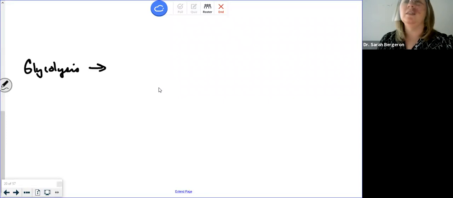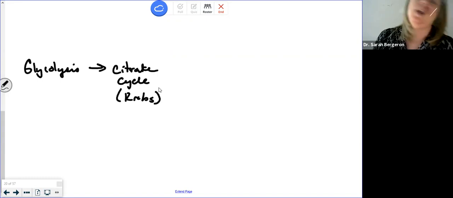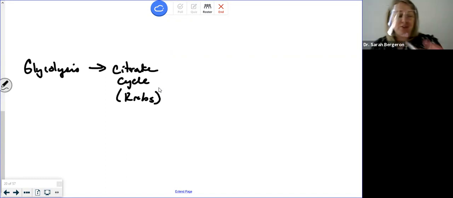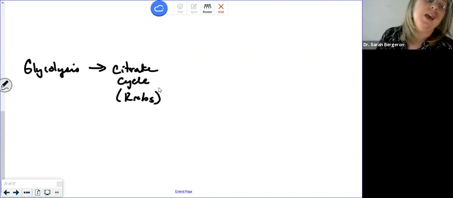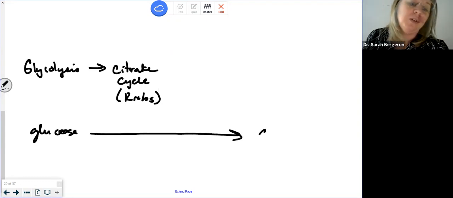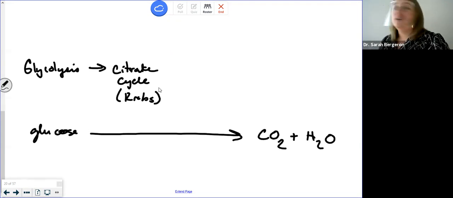What is the next cycle? The citrate cycle. Krebs, right? Depends on what you learned for terminology, but I prefer citrate, and I'll tell you why when we get there. And we want to go all the way from glucose to our end products, which are CO2 and water. So we have to go through glycolysis, then we have to go through citrate, then where are we going?